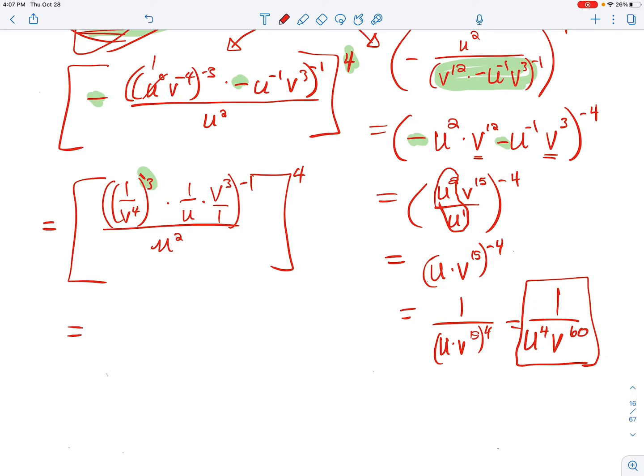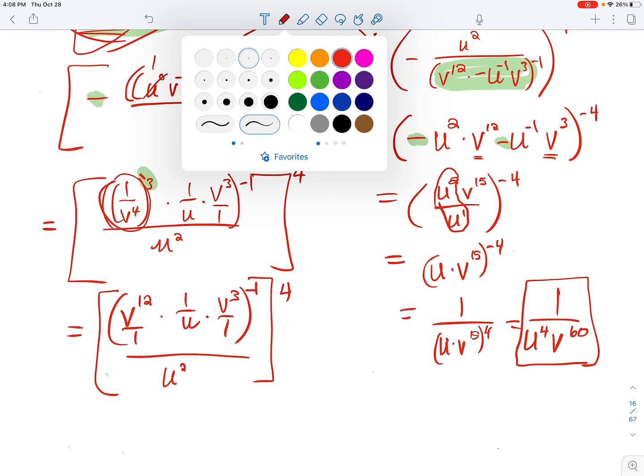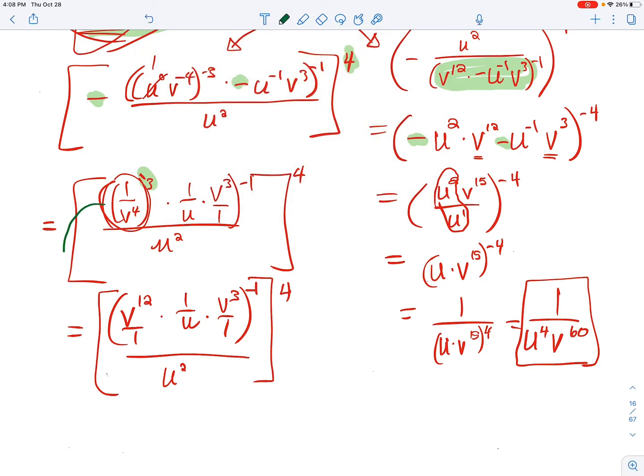Because now I'm going to take this fraction to a negative exponent, and it will now be v to the fourth to the third power, or v to the 12th. Still times 1 over u times v cubed over 1, still to the negative first, still over u squared, still raised to the fourth power. So I just made this change right there.